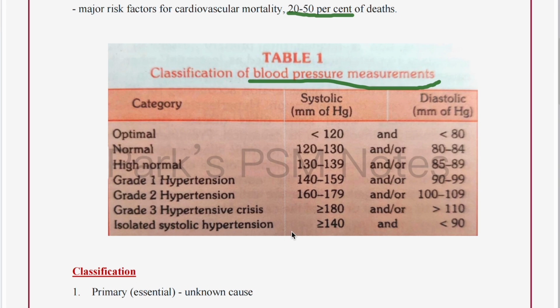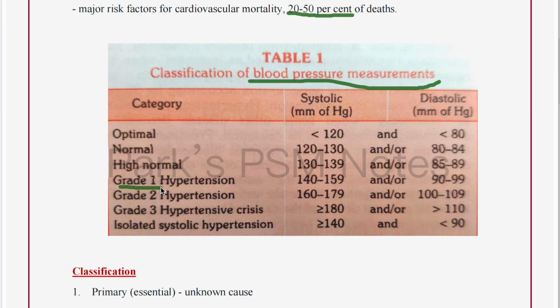For example, if once the systolic is 124 and diastolic is 82 mmHg, and the next time when he checked it is 140/90 mmHg, then he must come under the category of grade 1 hypertension.